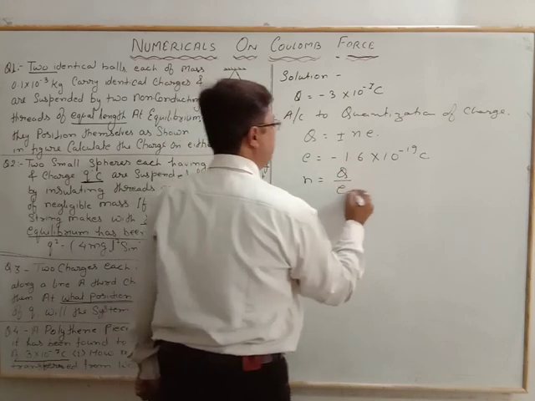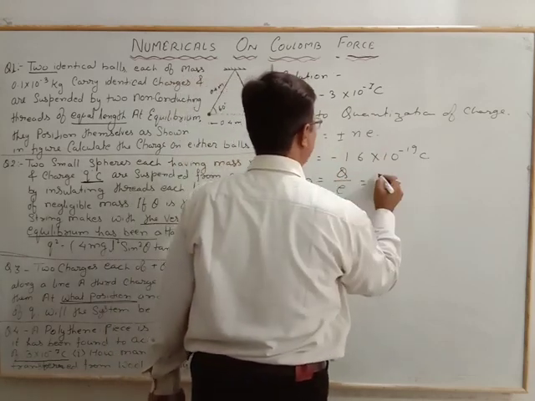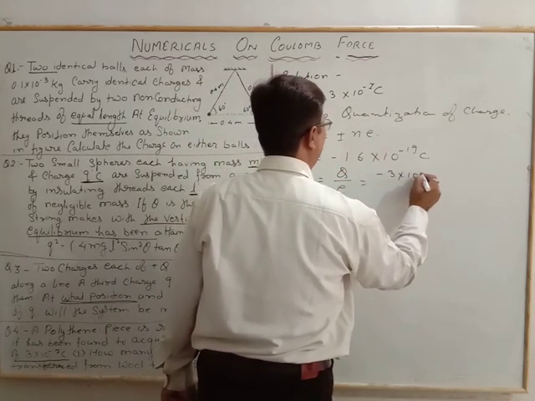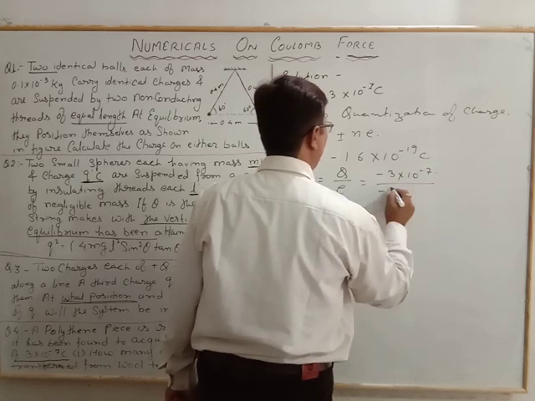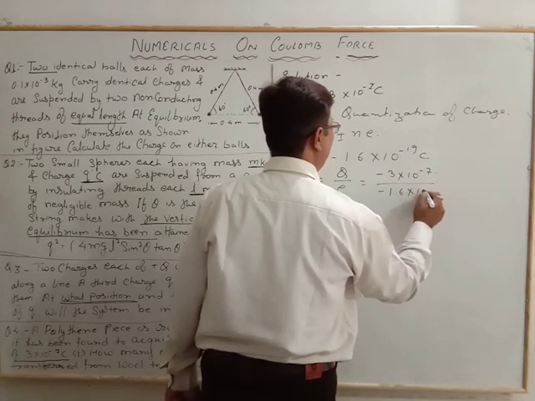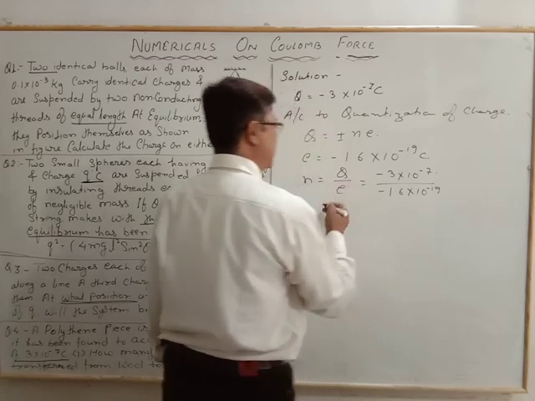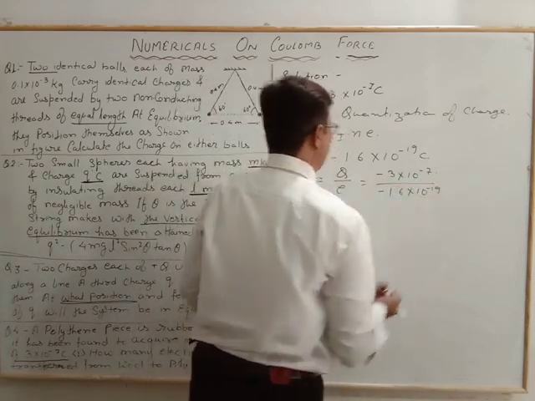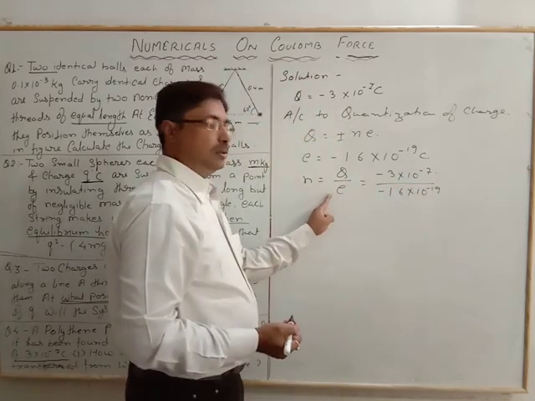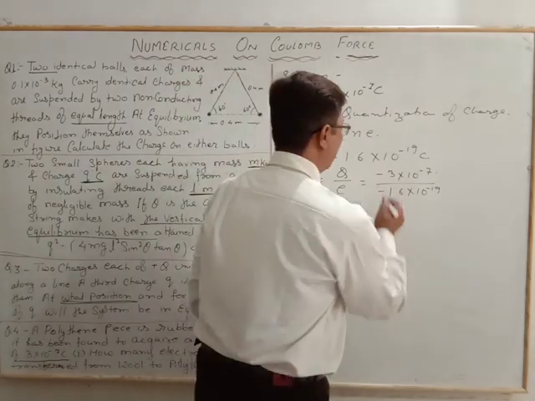n is equal to q by e, that is minus 3 into 10 to the power minus 7 by minus 1.6 into 10 to the power minus 19. The coulomb cancels because it is the same ratio, so it will give only a numerical number.